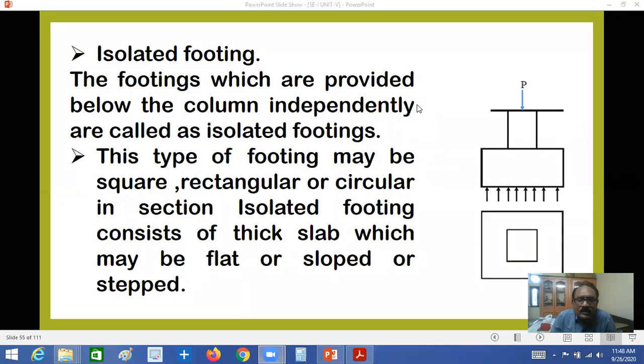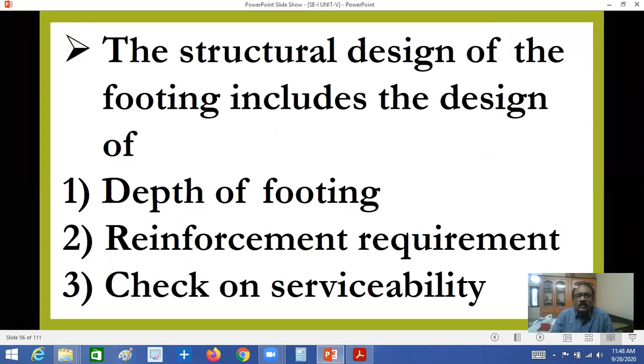So this is the isolated footing, and we'll see the design considerations. The design of a footing includes the following very important points. One is the depth of the footing.